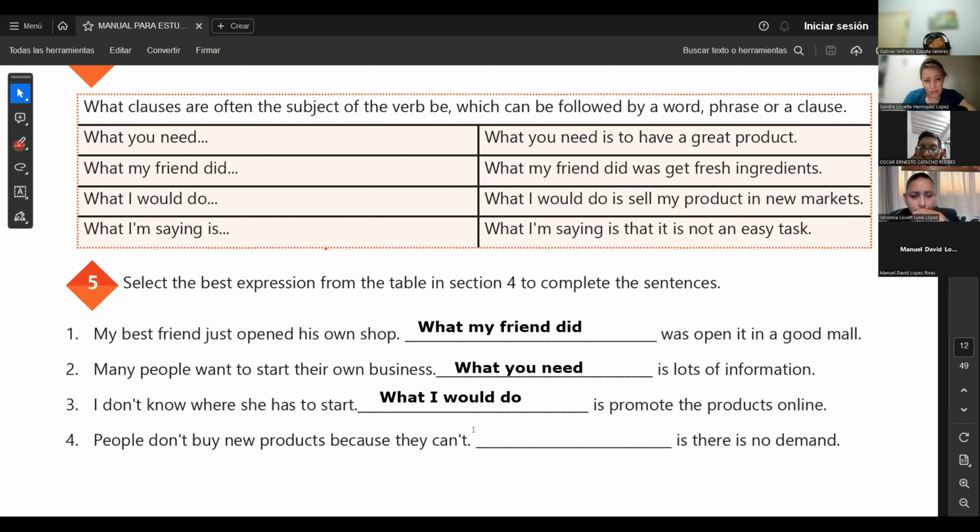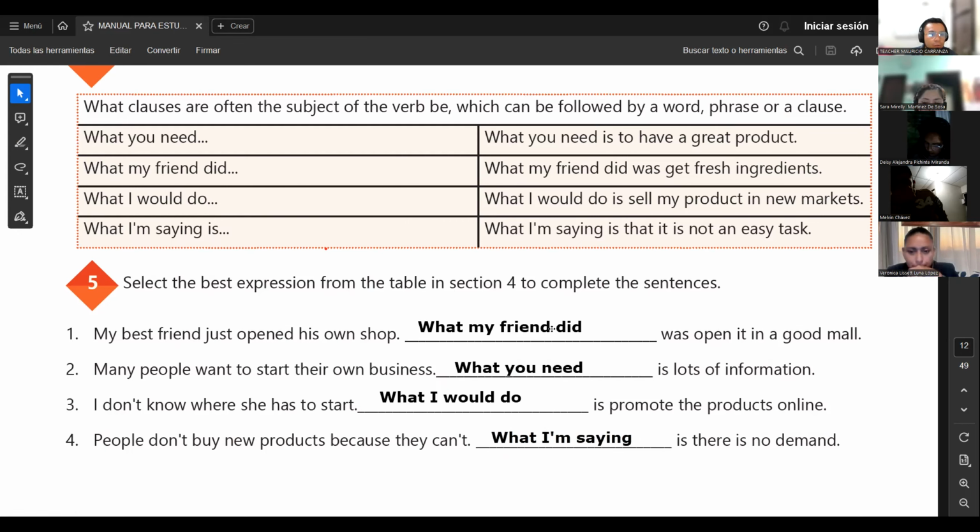Okay, can you read the sentence, Veronica? What I am saying is, here is the demand. Okay, yeah, I will just erase the S, right? Thank you, Veronica.